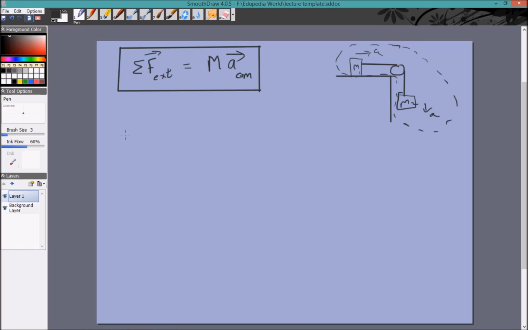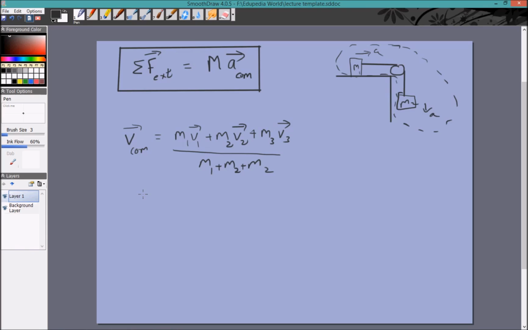Similarly, let's look at the other equation. We saw VCOM is equal to m1v1 plus m2v2 plus m3v3 by m1 plus m2 plus m3. What is m1v1? It is the linear momentum of the first particle. By the way, I occasionally say linear momentum because we'll see another type of momentum later, which will be angular momentum.